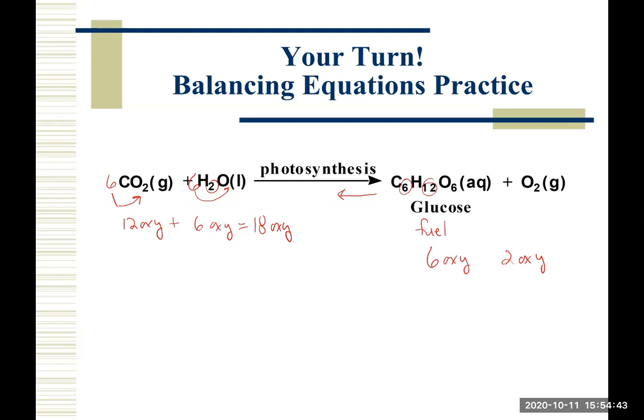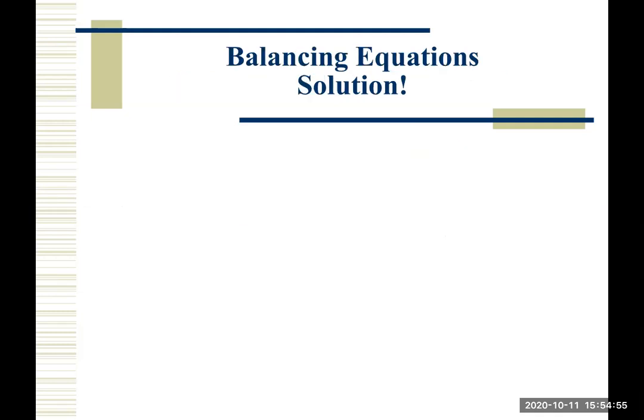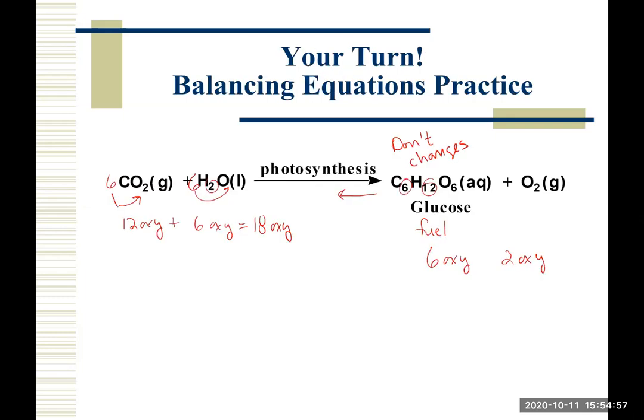Now, since we have 12 oxygens in glucose, I can tell you we don't want to make any changes here. The reason is that if we do, we're going to change the number of hydrogens and the number of carbons that we have, and we're going to have to make an adjustment then on the left side.